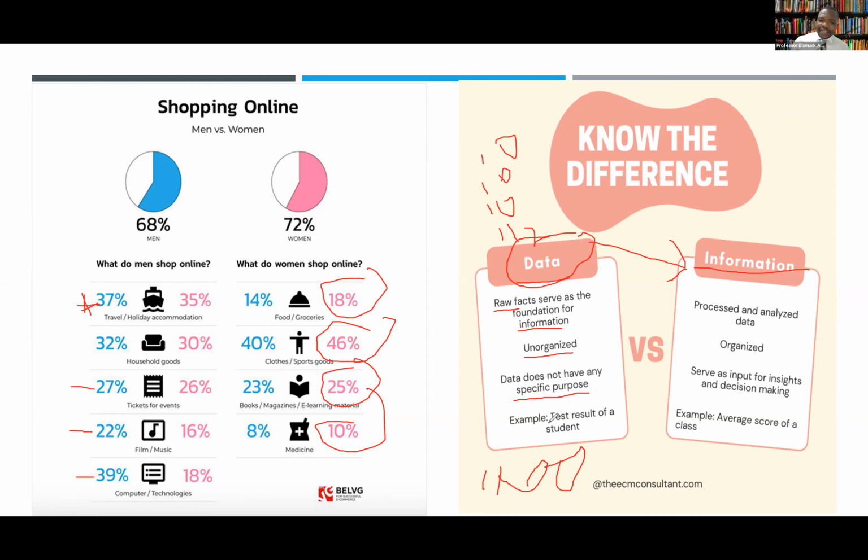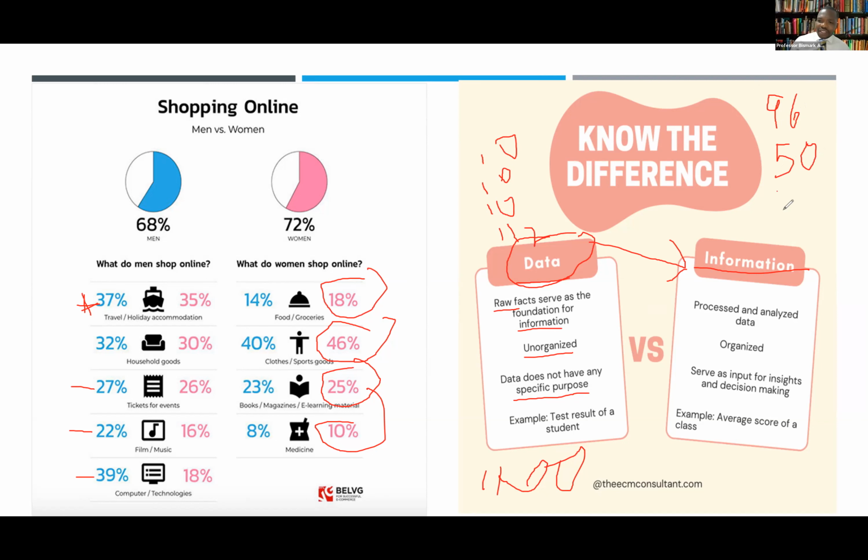So let me give you an example of the test results of students, right? Let's say Chelsea received a 96 on the exam. Jeremy received 50.